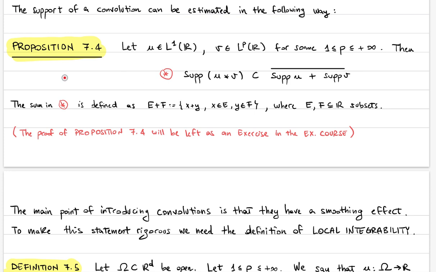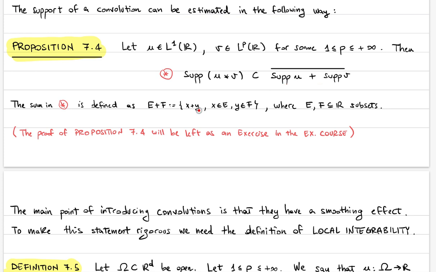Proposition 7.4 says that if U belongs to L1 and V belongs to Lp, for some p between 1 and plus infinity included, then the support of the convolution is just the closure of the algebraic sum of the supports. So the support of U plus the support of V, closed, where this sum is defined in the usual way.